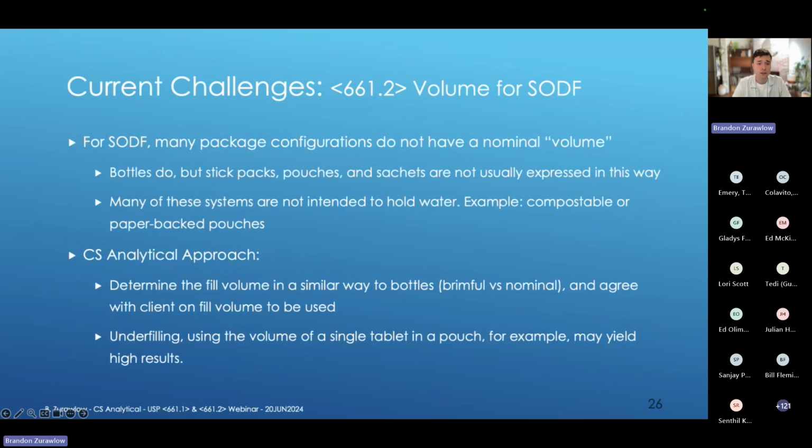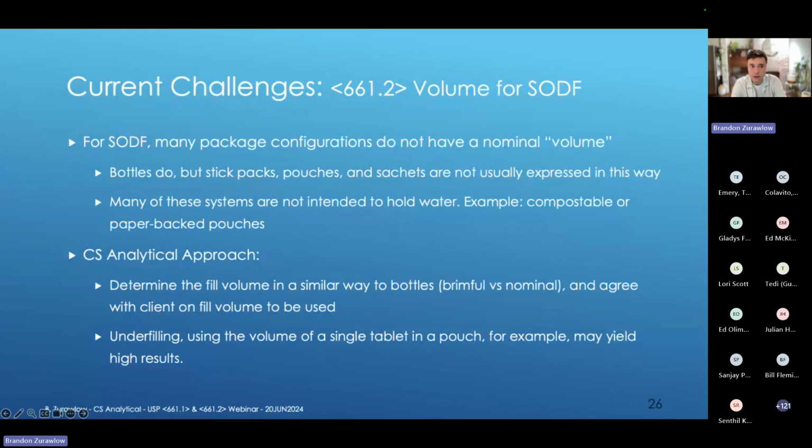But sticking with the concept of volume as a challenge, under 661.2, volume is also a challenge for final packaging systems as well, not just for components. For solid oral dosage forms, something that we run into fairly commonly is that a lot of package configurations don't have a nominal, quote unquote, volume.